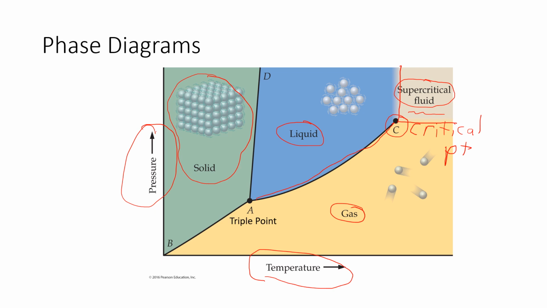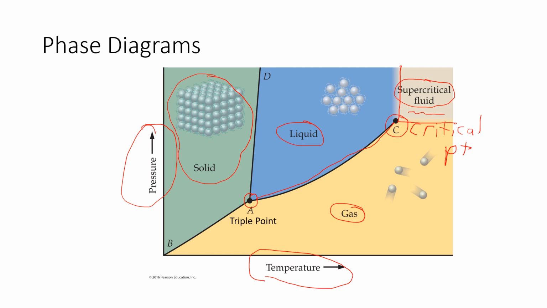Let's talk about some of these other special points. Down here, we have a point known as the triple point. On the next slide, we'll talk about the triple point a little bit more. But the triple point is a special temperature and pressure at which the solid, the liquid, and the gas are all stable. Instead of having just one phase stable or maybe two, all three phases are stable.